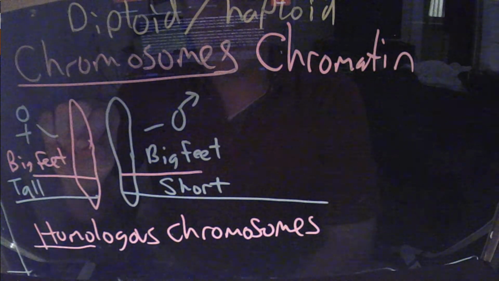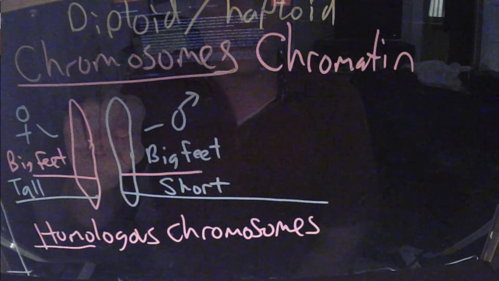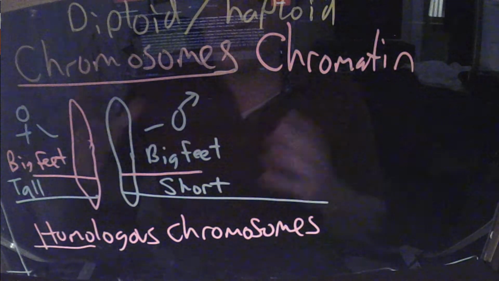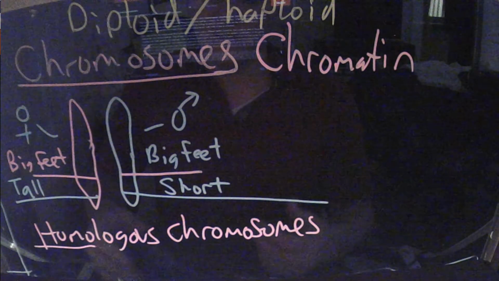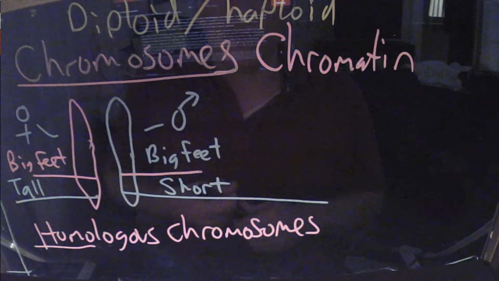Here is the homologous chromosome I got from my mom. Here is the homologous chromosome that I got from my dad. I know this is very abstract, but these are ideas that you need to have in your head for the rest of the lecture.